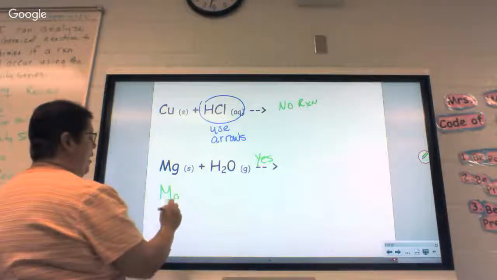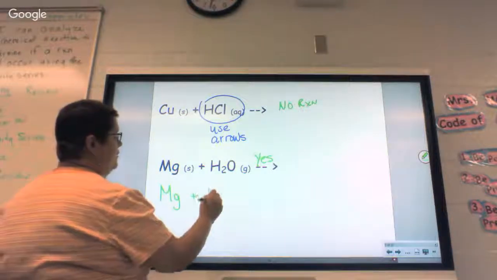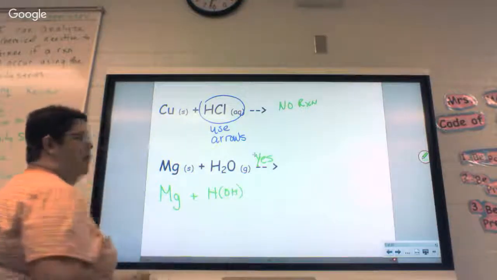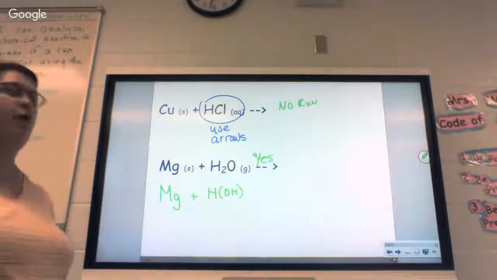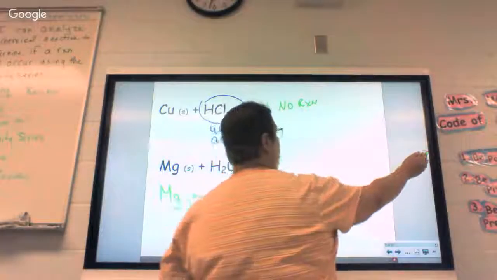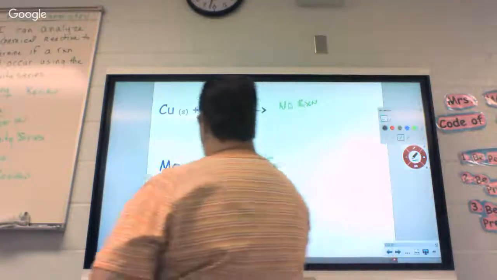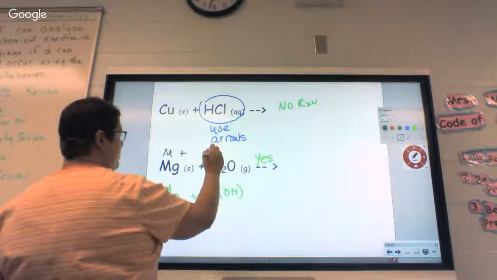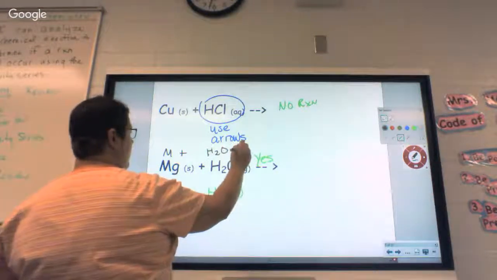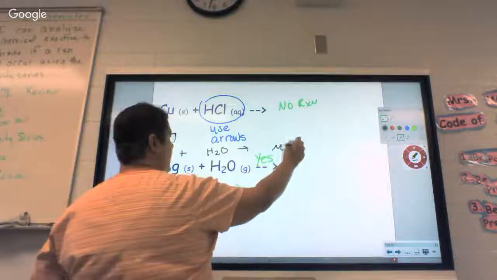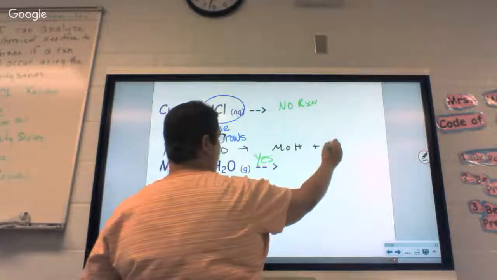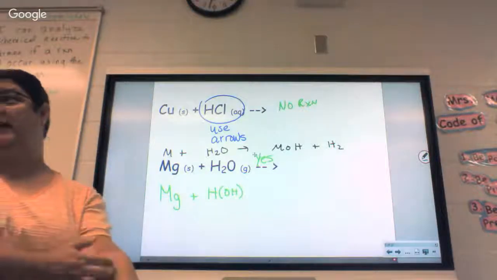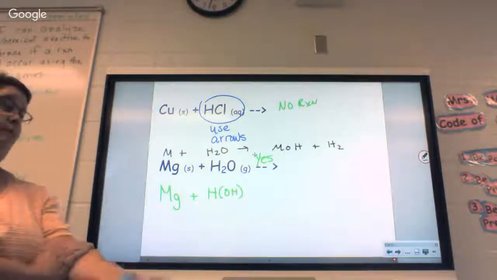This is the metal plus water, but I wanted you to either tell me it's water written as HOH because it's the metal plus water, or you can use the format on the reference table and recognize that you need to use M plus H2O becomes MOH plus H2. I don't care which way you do it, but this is the one that you got to recognize. It's the metal plus water.